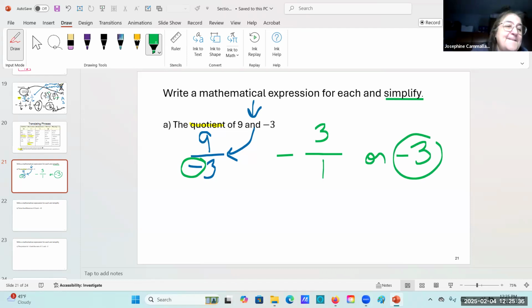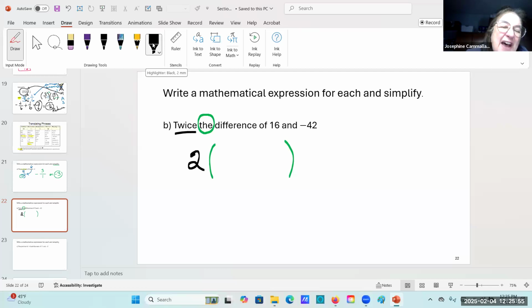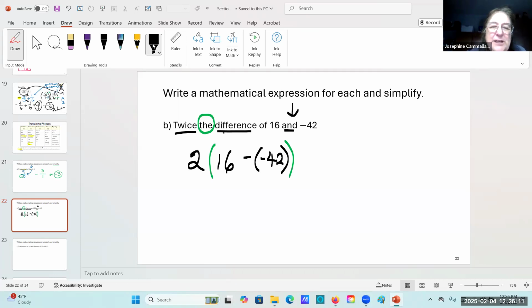Okay? Okay, now this is where you got to watch. See this word, the? Twice means 2. The is the parentheses. And a difference. See that word and? 16 minus a negative 42. You got to be careful.